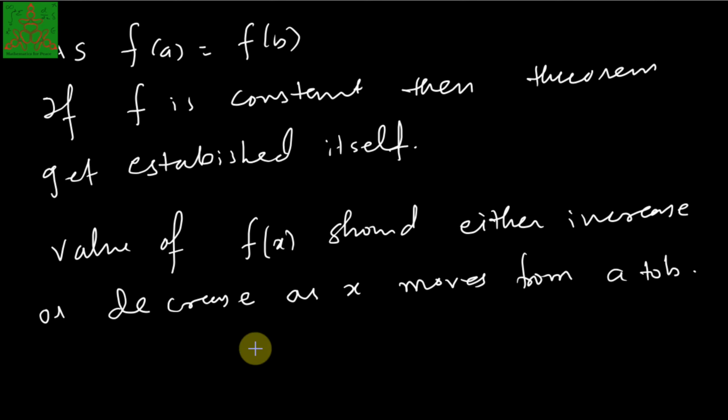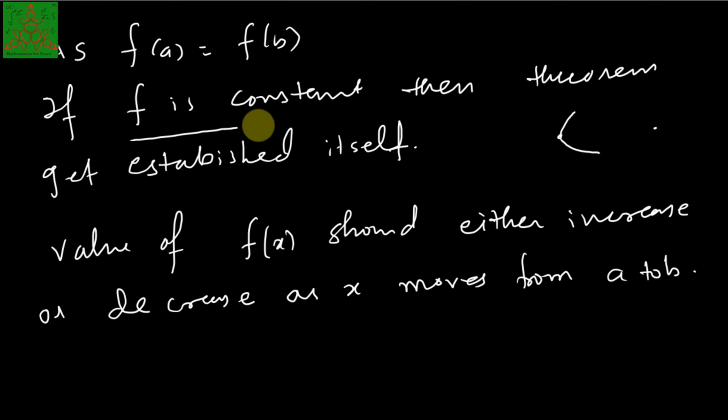So if x moves from a to b, then f should either increase or it may decrease, and then again, so that movement is there, but it has to be going up or going down. So that is the situation at these two points, where the function is going up or going down.